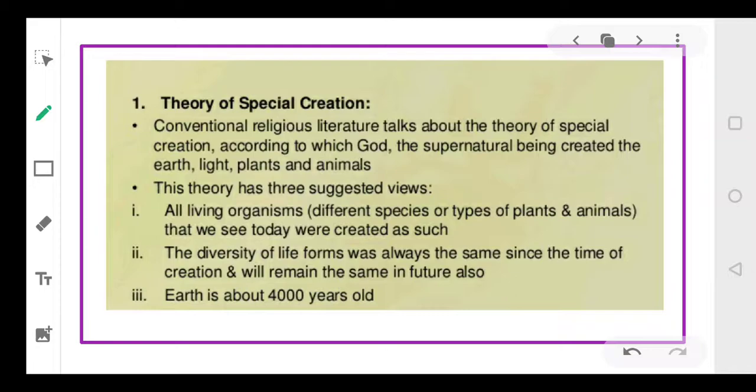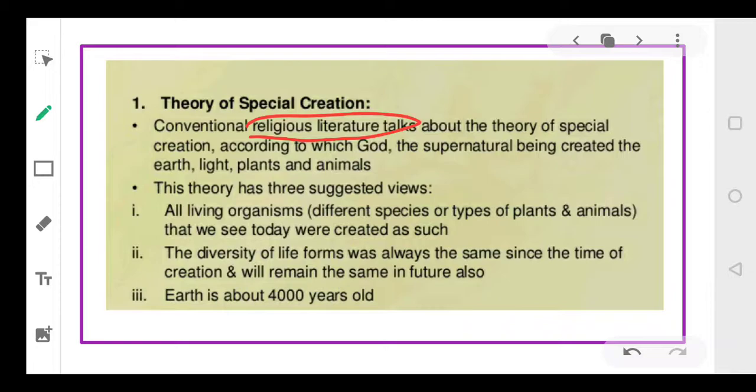The theory of special creation was suggested by some conventional religious literature people, according to which the God, the supernatural power, created the earth, light, plants and animals.